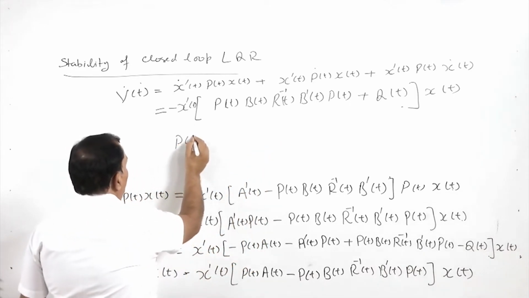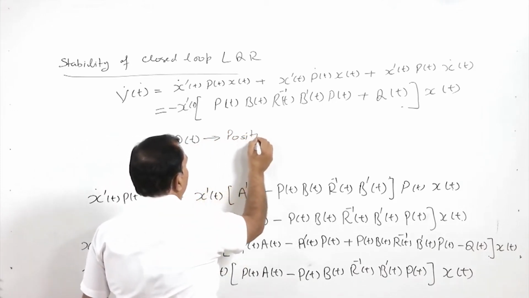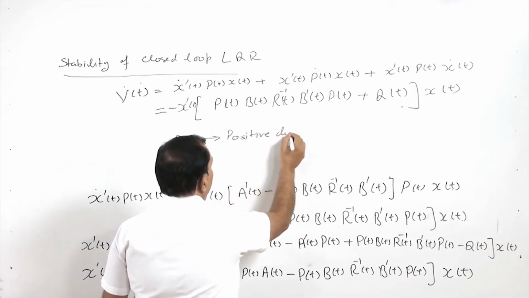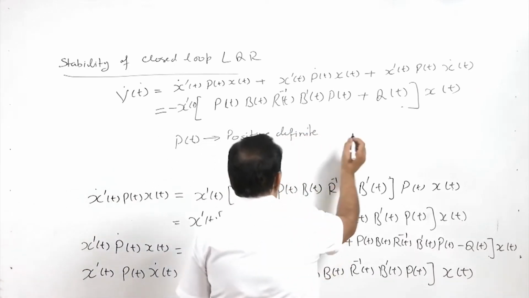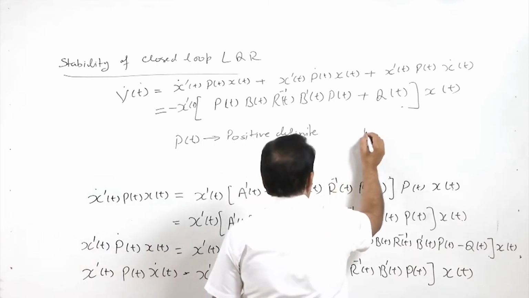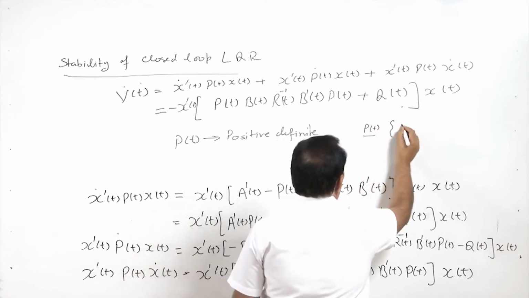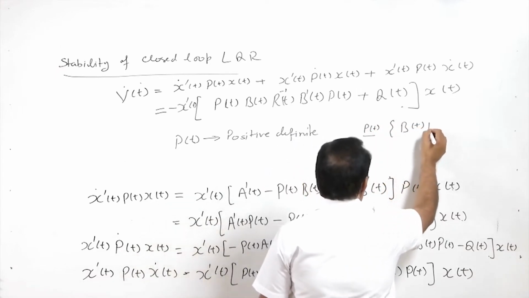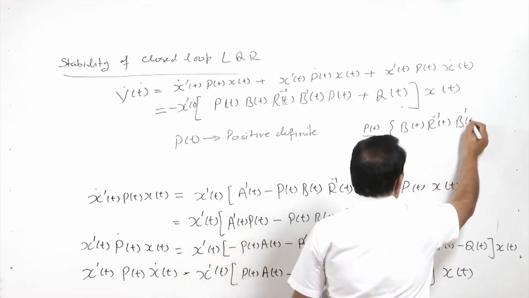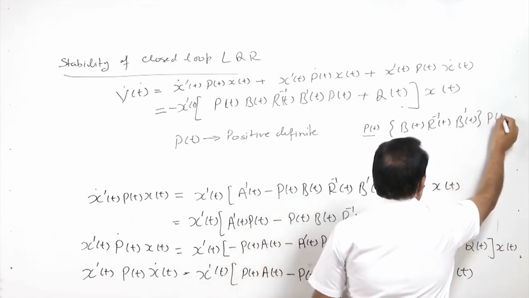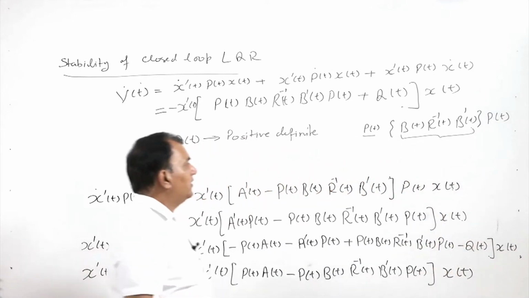See what actually you have, Pt is positive definite, this means now this is my positive definite matrix, in between I have B R inverse B prime and Pt. What is this?